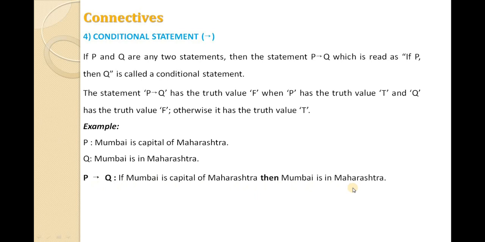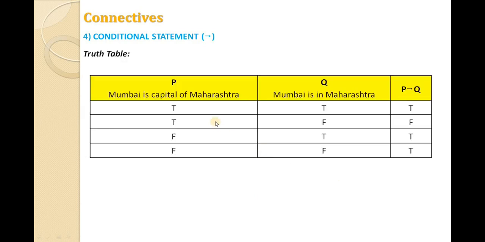We will discuss this example with the truth table. P is Mumbai is the capital of Maharashtra and Q is Mumbai is in Maharashtra. If both are true, then what will be the statement? Mumbai is the capital of Maharashtra and Mumbai is in Maharashtra. Both are true. That's why your final conclusion is true. The second is Mumbai is the capital of Maharashtra, but Mumbai is not in Maharashtra.